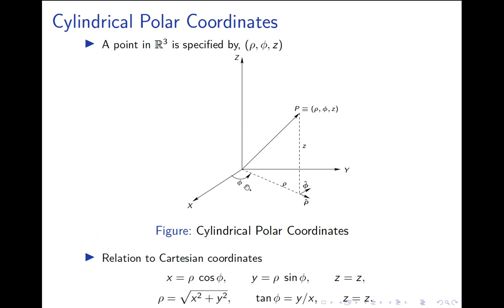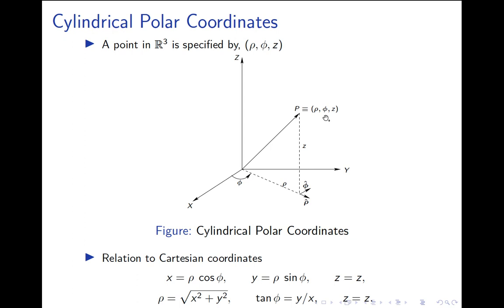So the rho axis will be along this arrow. If you think a little bit, you'll find that the rho axis is in the direction of increasing rho, with phi and z not changing. This little arrow gives you the rho axis.